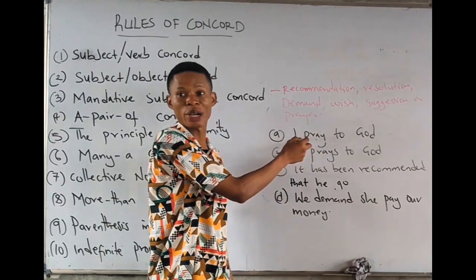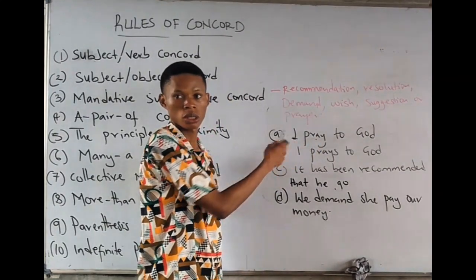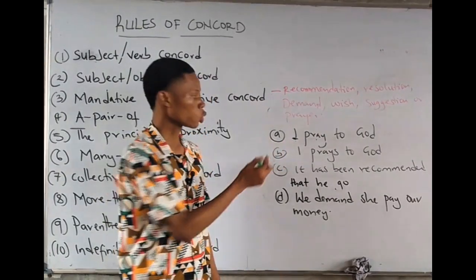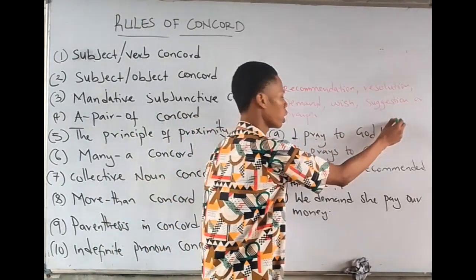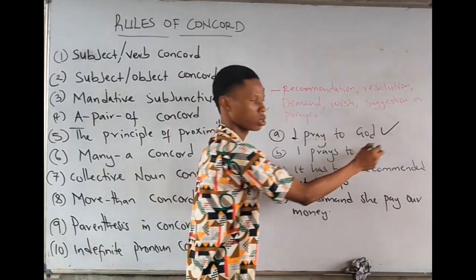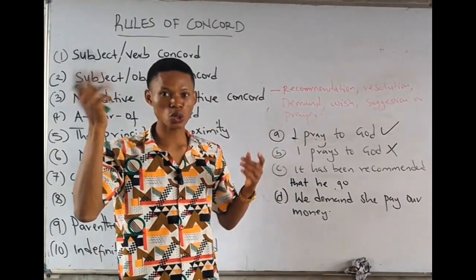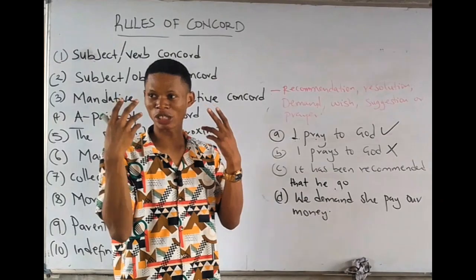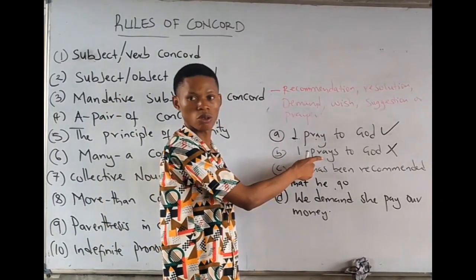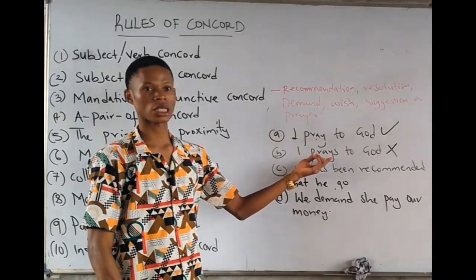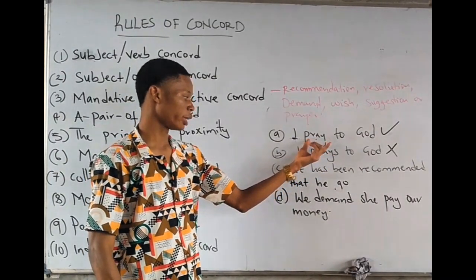But since it's a prayer, the verb must be plural, regardless of whether the subject is singular or plural. So it is right to say I pray to God and not I prays to God. You can imagine how that sounds. But because it's a prayer, it will go with a plural verb, pray.